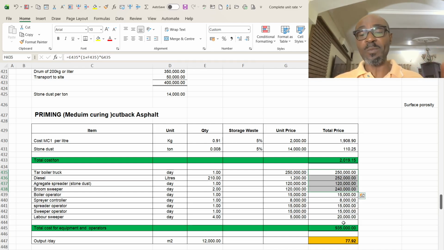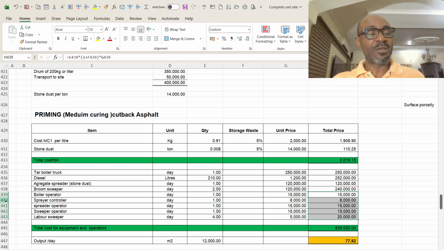That is the cost of equipment, while the labor is 73,000. Then of course, material at the end, you see that material is the major cost component in this rate build up. We'll see it at the end, and we're going to appreciate what I'm trying to explain.